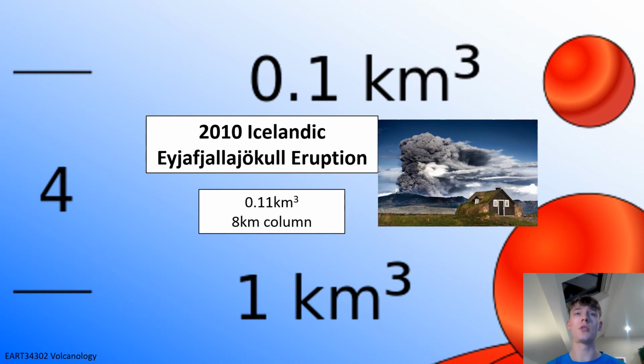There have been 421 VEI 4 eruptions in the last 10,000 years, which is a rate of less than 1 per 20 years. At this scale, you can expect the vast columns of ash to reach the stratosphere and be defined as a cataclysmic eruption.